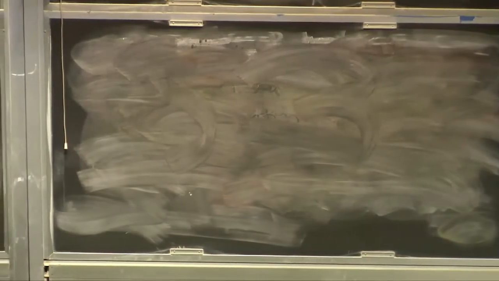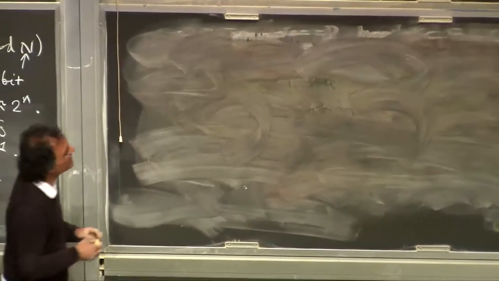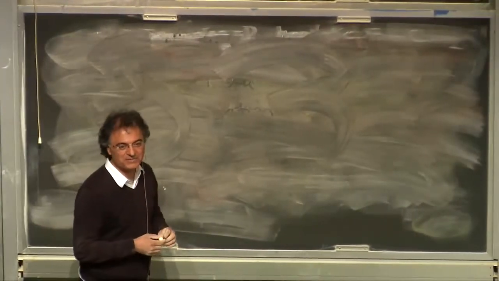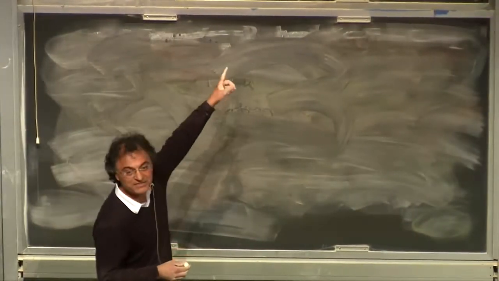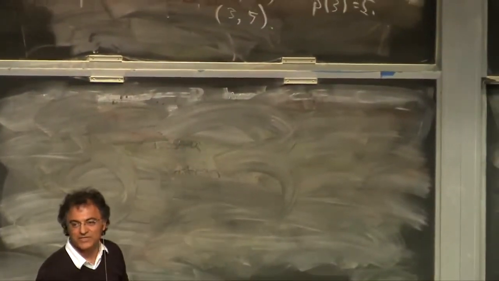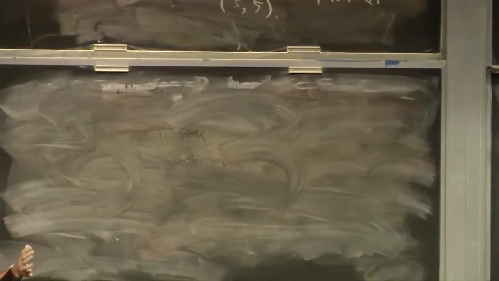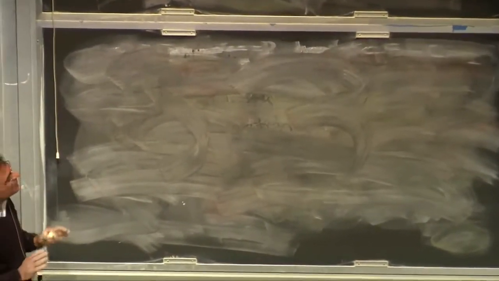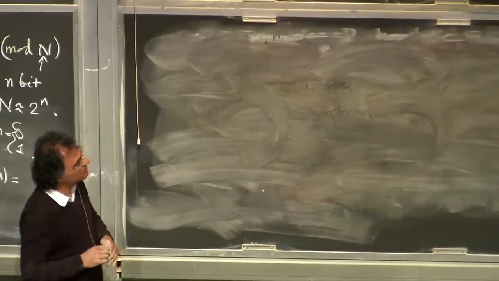Okay, so the secret to solving this, finding this polynomial, is first we ignore that we want P of 0 equal to 1, P of 1 equal to 2, P of 3 equal to 5.